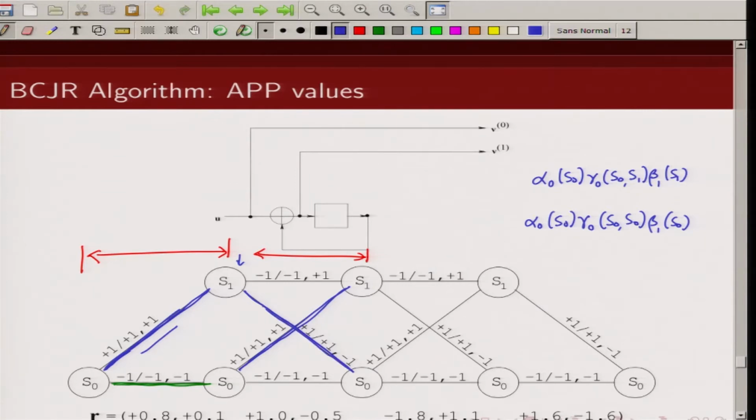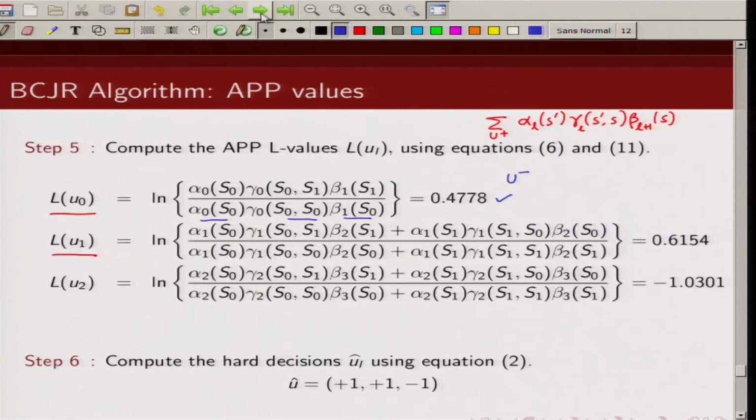So, in the numerator you will have two terms: one is alpha 1 s 0, gamma 1 s 0 s 1 times beta 2 s 1, and another corresponding to this transition, which is alpha 1 s 1 times gamma 1 s 1 s 0 multiplied by beta 2 s 0.